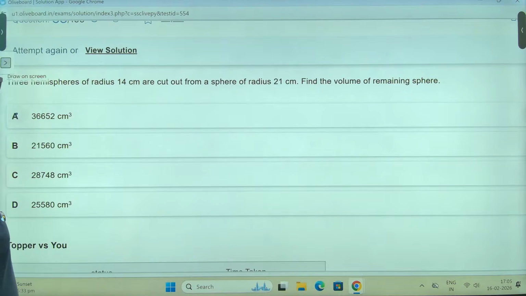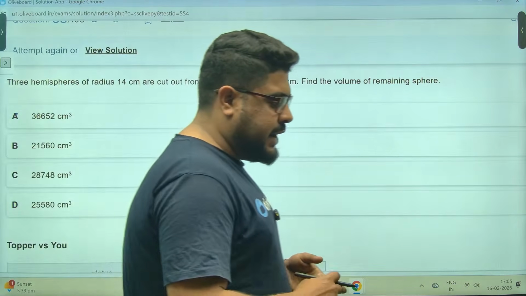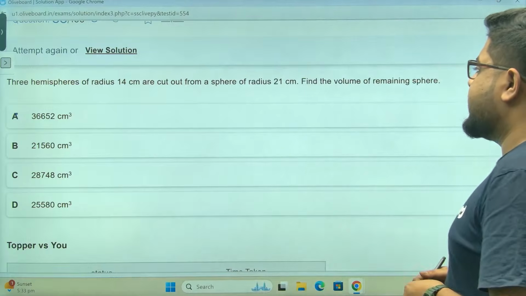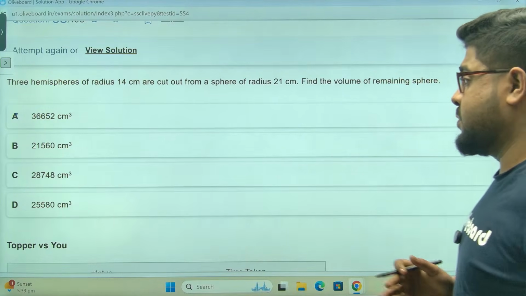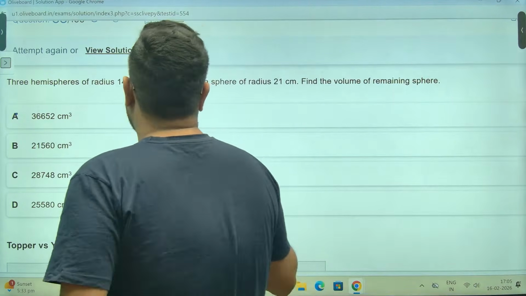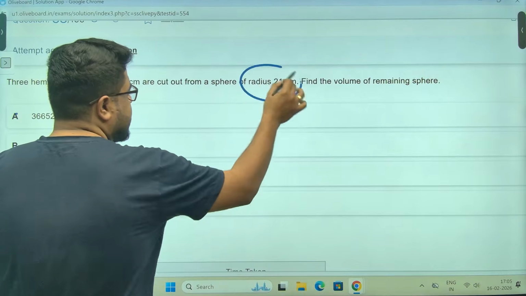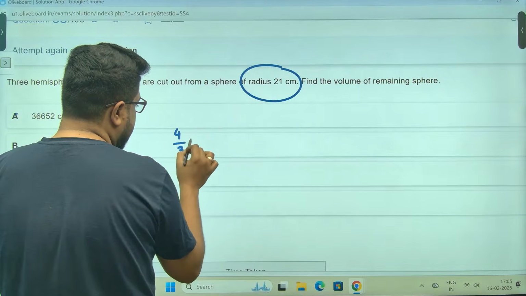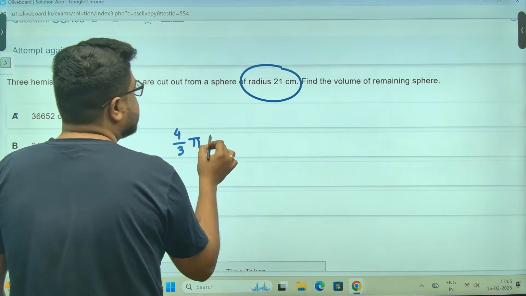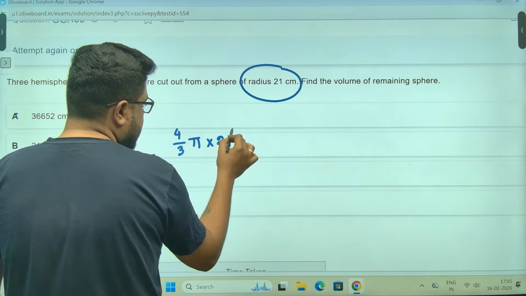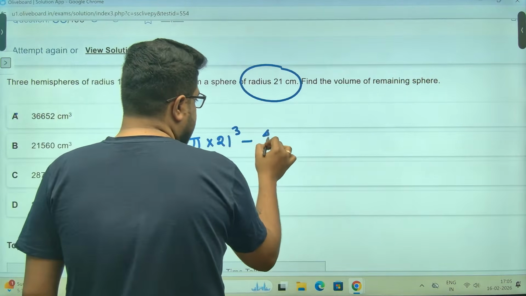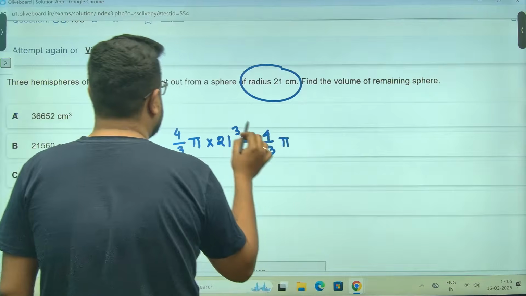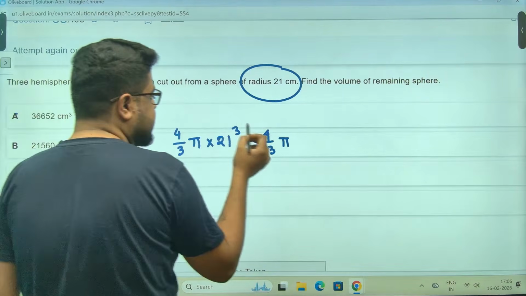3 hemispheres of radius 14 are cut out of this. Find the volume. Okay, calculative. The main sphere will be 4/3 pi into 21 cube, minus 4/3 pi, because I'm cutting out 14 centimeter radius cubes.